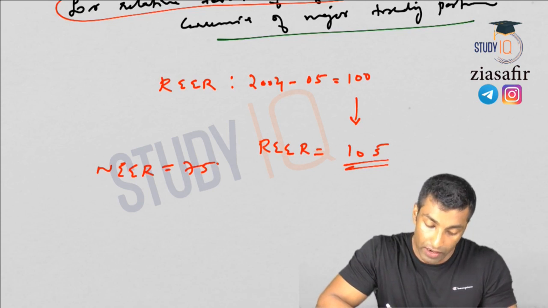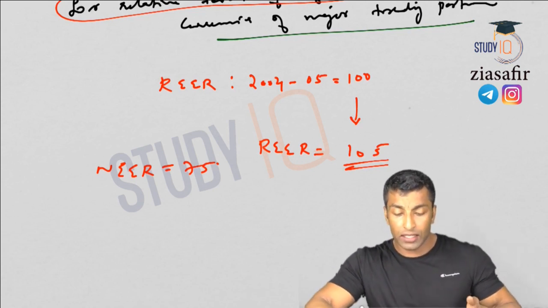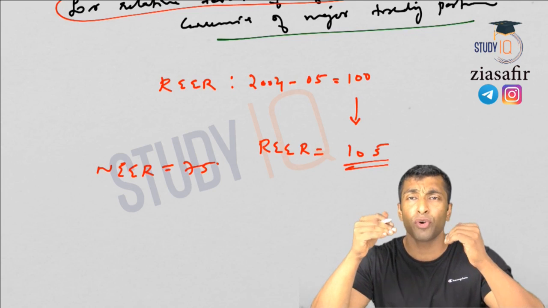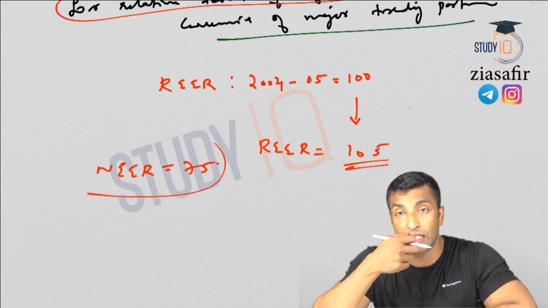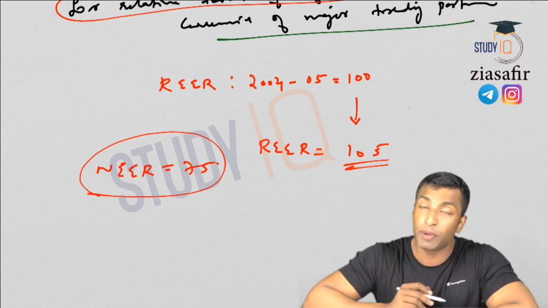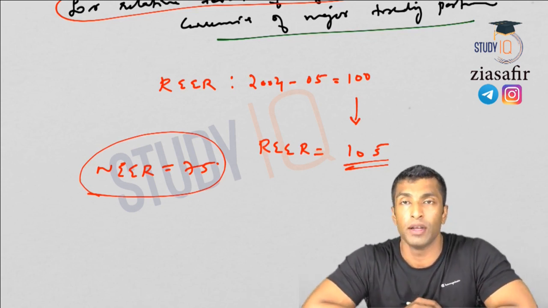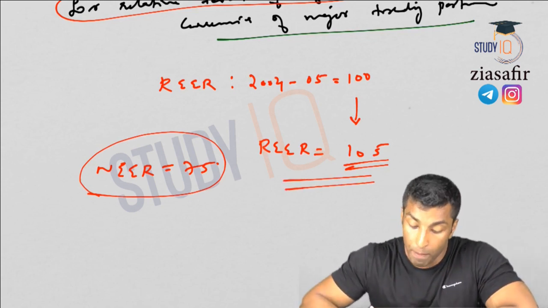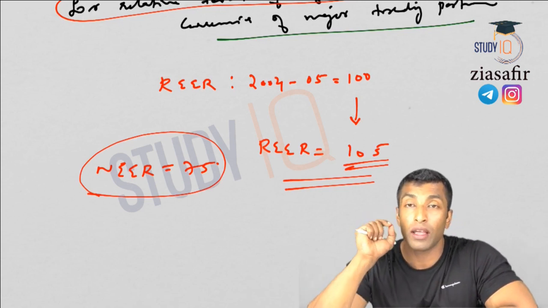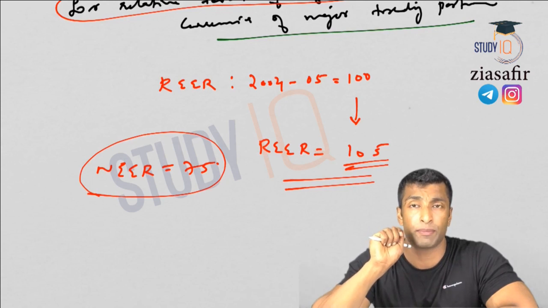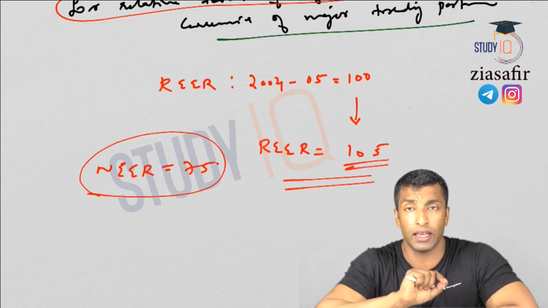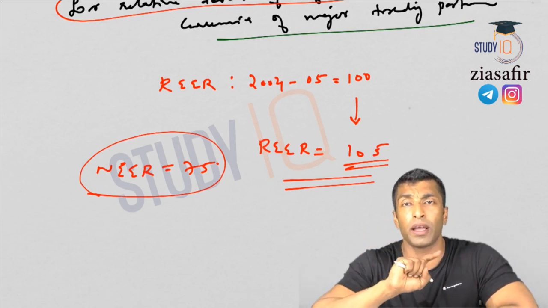So NEER is 75. Okay. So what you can understand from here is, from a foreigner perspective, the goods in India are actually cheaper because depreciation happened. As per NEER, this is actually going to be cheaper because of depreciation of rupee. But because of inflation, those items are going to be dearer or expensive. So even though depreciation is there, foreigners can't buy because of inflation.